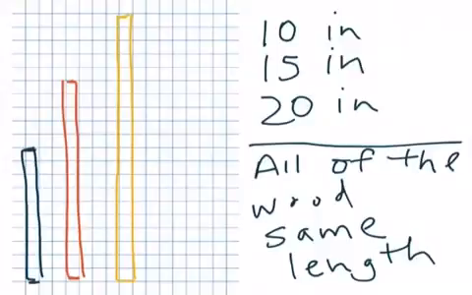So the question is, if I had to cut each of these pieces of wood into the same length as the other pieces of wood, what is the largest size that I could make each cut? In other words, how can I cut these so that they all are in equal sized pieces and I don't have any leftovers?